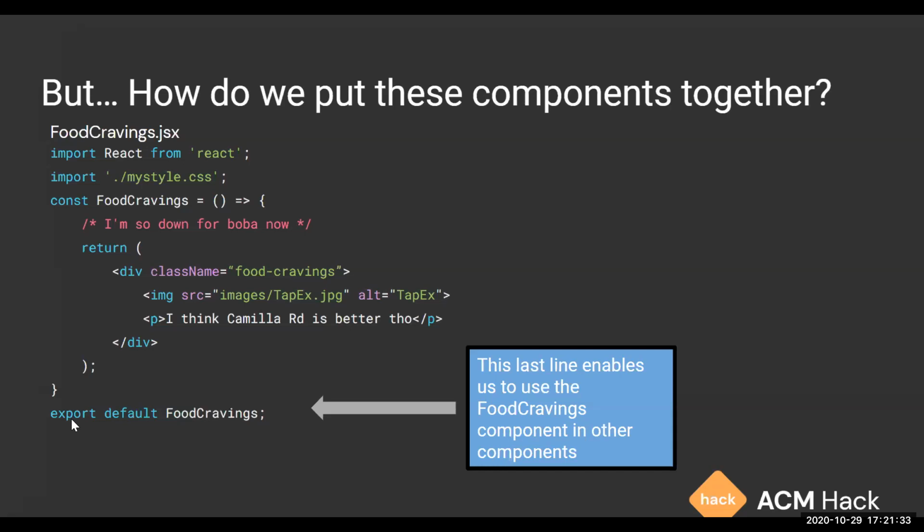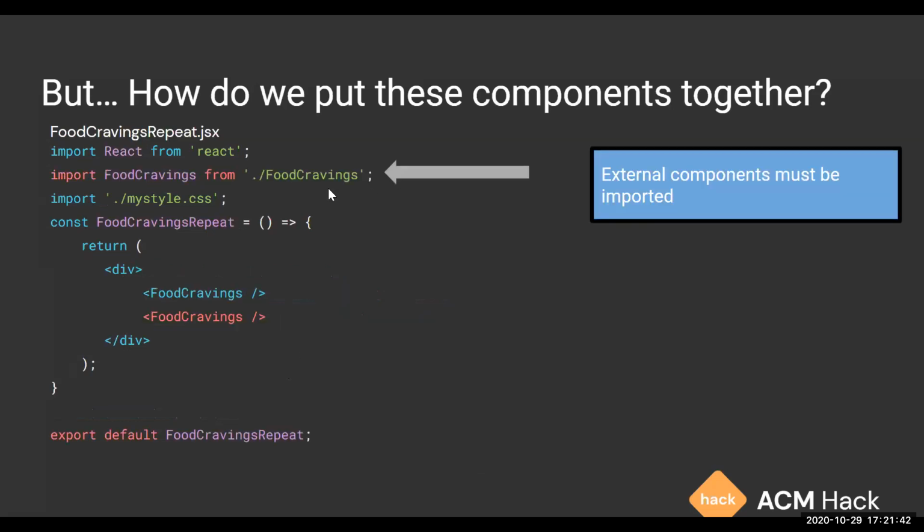The syntax of exporting goes like export default, and then whatever name you want to call the component that you just exported. If we want to export this component, we need to import it in another component, right? The import statement goes like import whatever the component name is from a certain path.